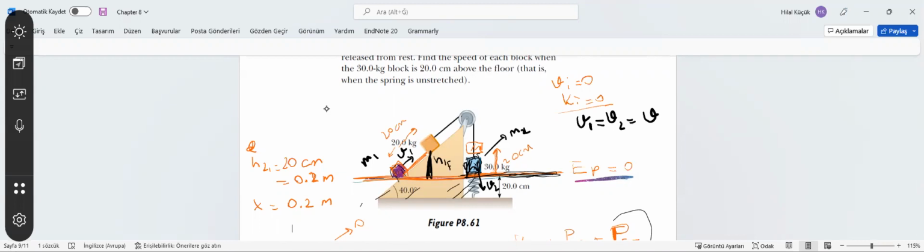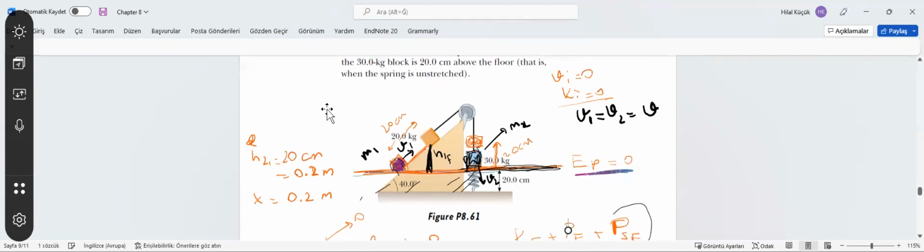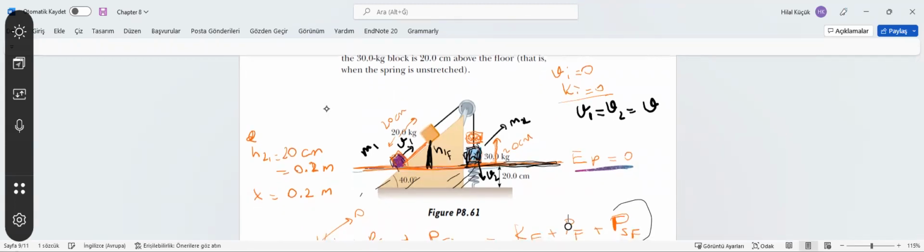I am talking about the M1 mass. And if we talk about the second mass, firstly it starts from here. This is my initial part, and it comes back to the same position, which is the releasing position. It means there isn't any stretching here when M2 comes back.